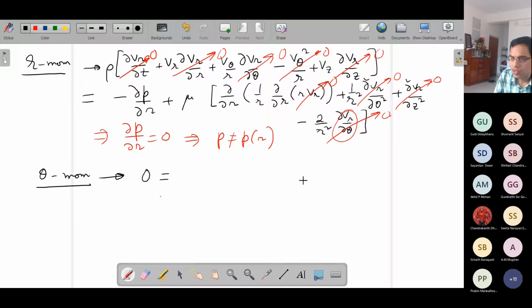You can see the full form in any book with this R theta coordinate based description, but it will boil down to this because you can realize very easily that the left hand side will be the acceleration, which will be 0. The V theta dependent acceleration will be 0 because V theta is 0. Right hand side pressure gradient and viscous term based on V theta, because V theta is 0, that will be 0. So in a very similar way, it shows that P is also not a function of theta.